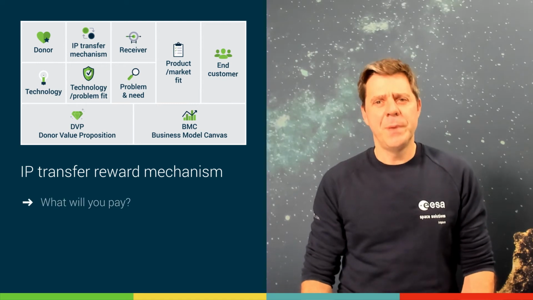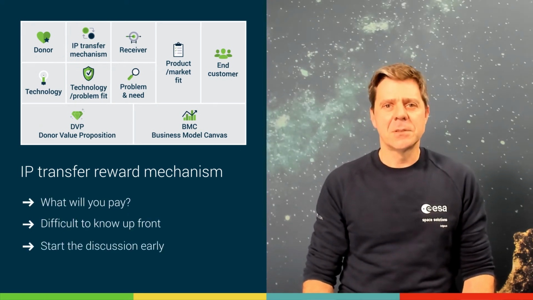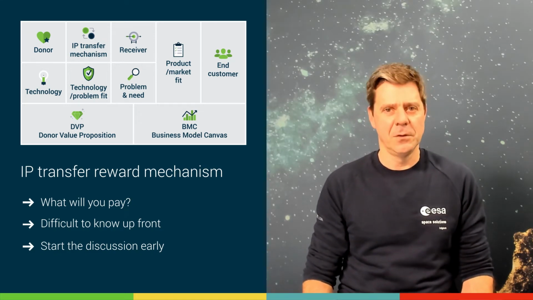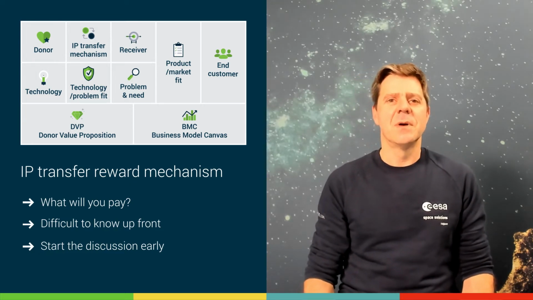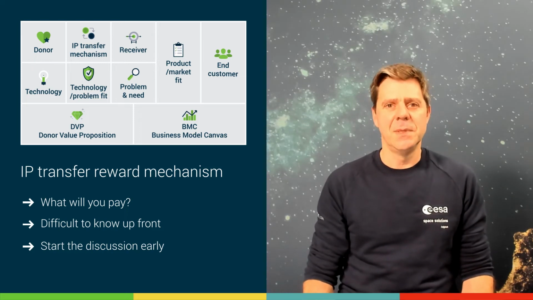Basically, that's what is covered in the IP transfer mechanism block. It's a very difficult question to ask: okay, what will you pay for my technology? The entire process of figuring out how much a receiving company should pay is a very challenging and difficult one. It takes time, and it's important that you have a good view and a good idea of the market size that could be targeted.